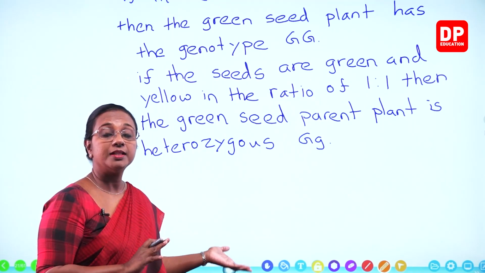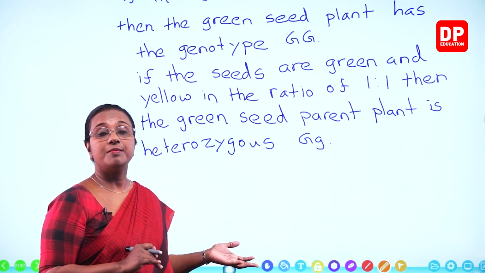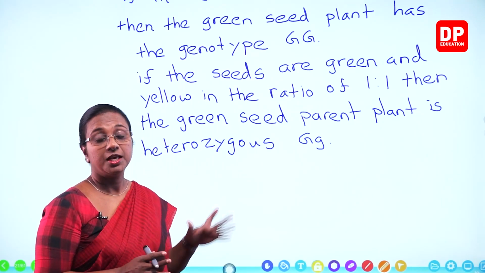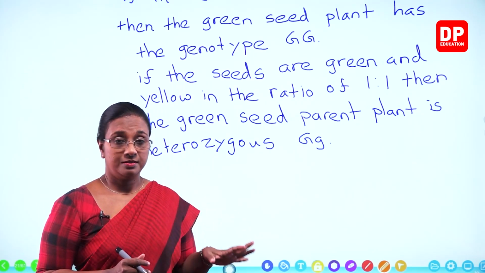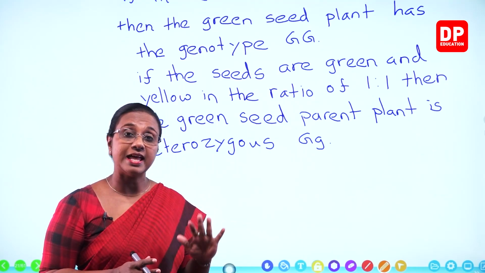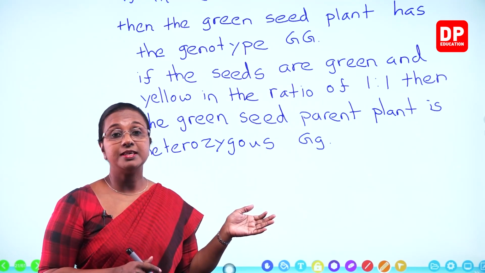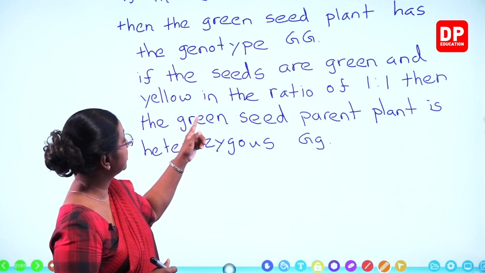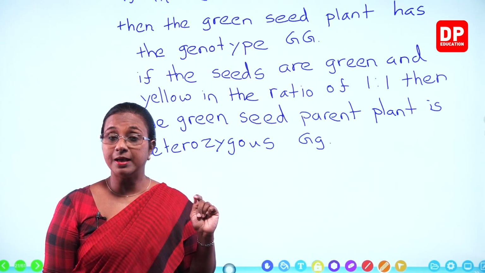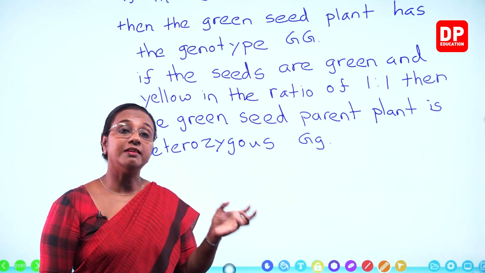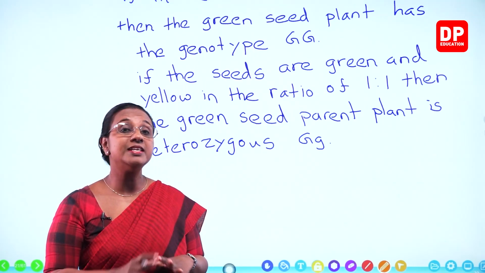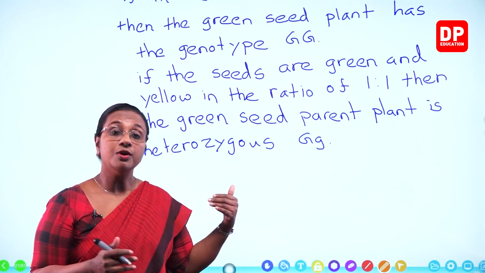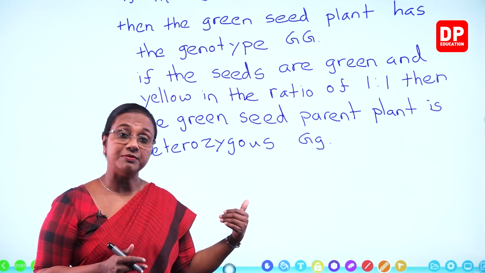So you compare the results obtained from the experiment with the ratio that you have obtained. If all the plants form green color seeds, then that means the parent green seed plant was in the homozygous state, that is the genotype is capital G, capital G. But if you get green color seeds and yellow color seeds in equal number, it may not be exactly equal. You all know from the data we have looked at before.